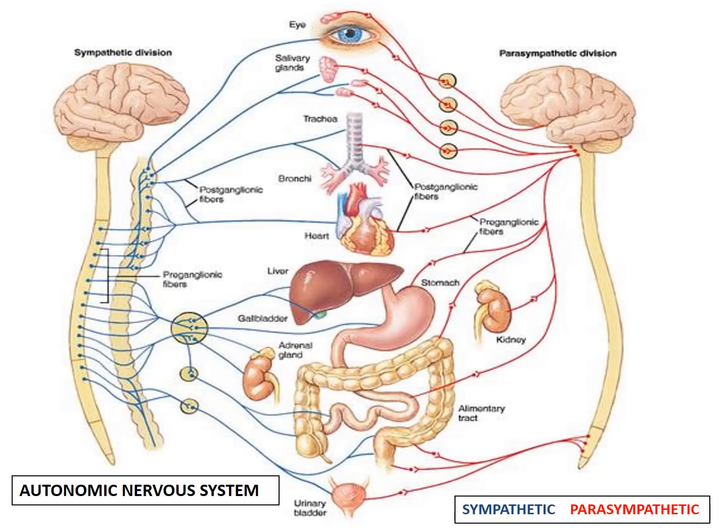Here is the autonomic nervous system. The autonomic nervous system is all about sending innervation to the internal organs. We have the blue side, which is the sympathetic side. That's all about fight or flight. And then we have an exact opposite side, the parasympathetic side, and that's referred to as rest and digest.